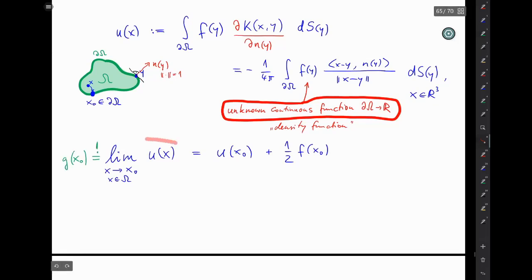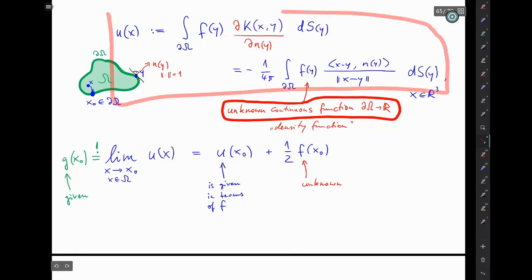So if you follow your function u nice and smoothly towards the boundary without any jumps, because you're looking for a continuous function u, then at the boundary point you want to see this behavior, and this g is given, and this f is still unknown, and this u is given in terms of f by our double layer potential ansatz here. Maybe let me label that.